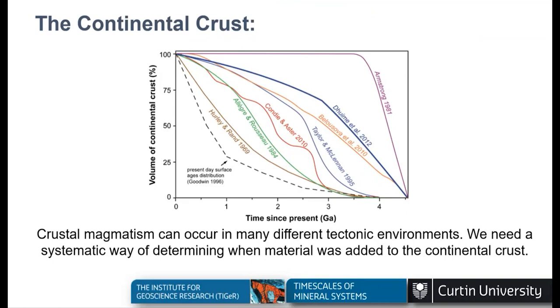But over time that has been pushed back the other way, and now the more recent models show that most crust probably formed between 4 and 3 billion years ago, and that the rate of continental growth has decreased since then. So what we're going to show with the hafnium isotopes is how we can get a handle on this problem and try to come up with some of these curves.